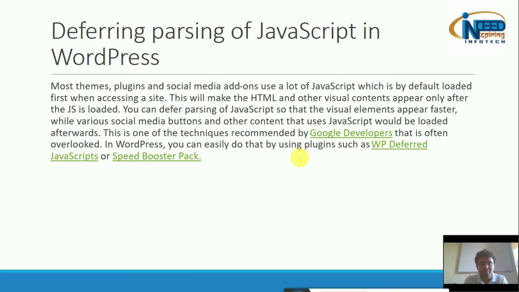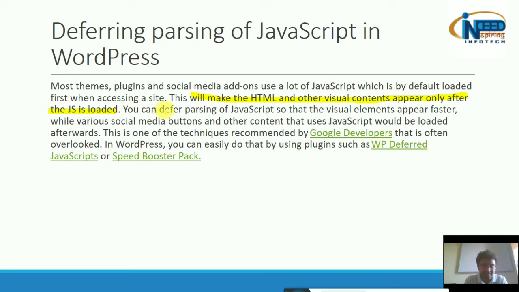Deferring parsing of JavaScript in WordPress. Most themes, plugins and social media add-ons use a lot of JavaScript by default. This hampers the performance of the site, because HTML and other visual content appear only after JavaScript is loaded, and that consumes time.